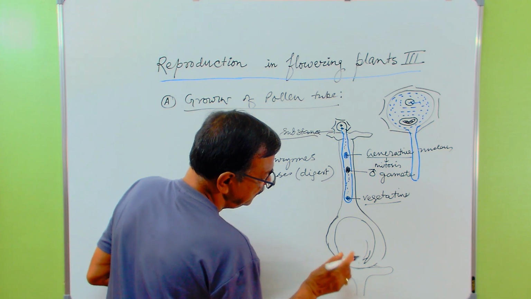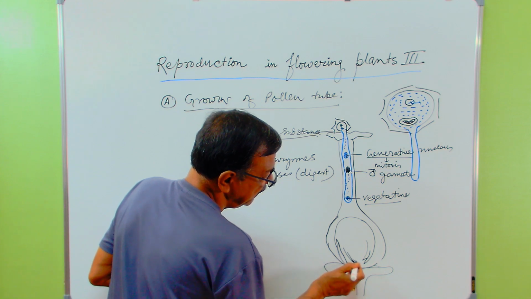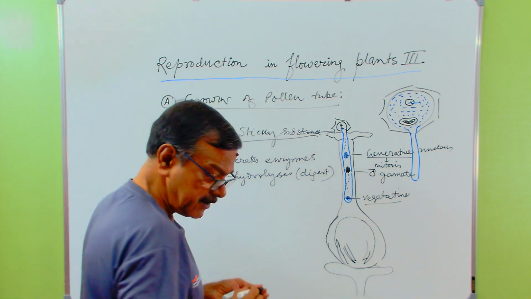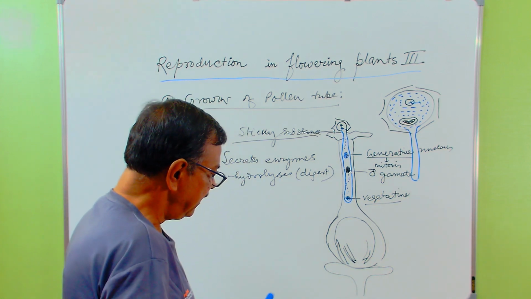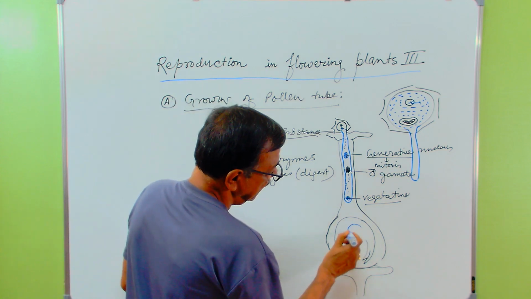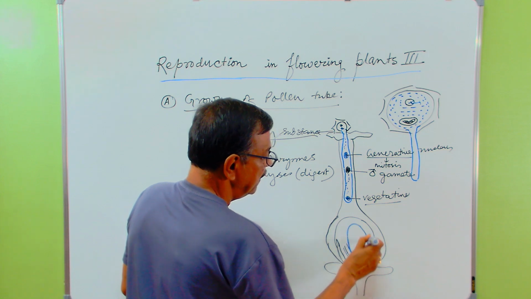Here also, this is stalk. Here one integument and another integument is there. And here what we have seen, there was embryo sac. Clear?